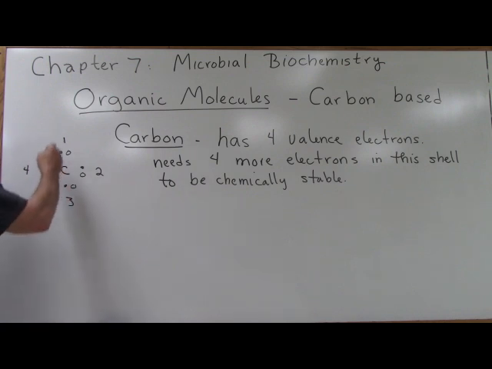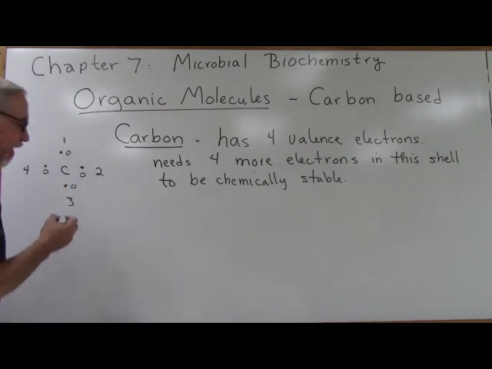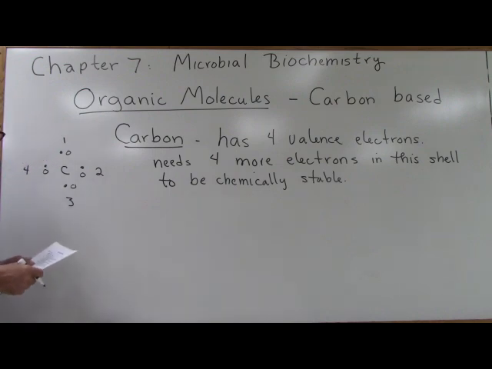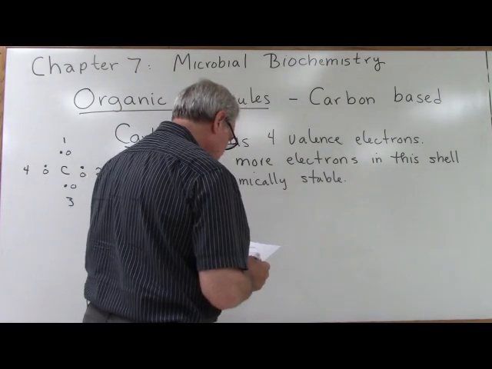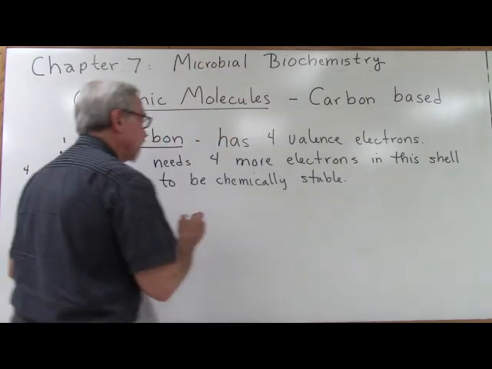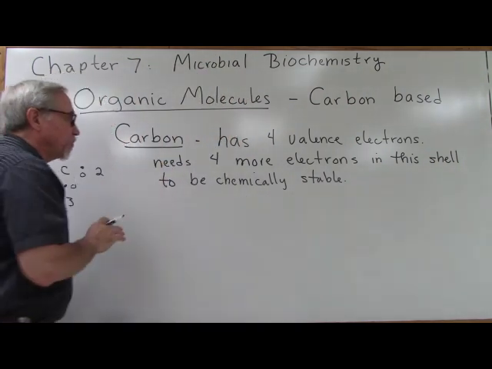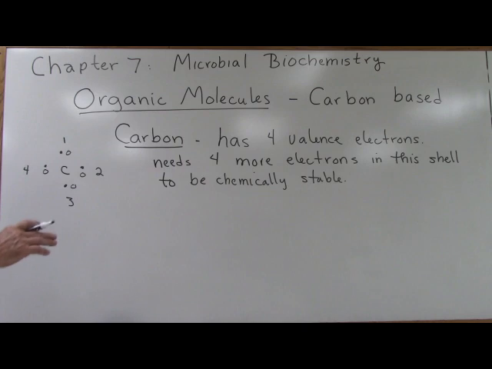Each one of these places, labeled 1 through 4, is capable of forming a chemical bond. So carbon has 4 valence electrons, and these are the outer shell electrons.